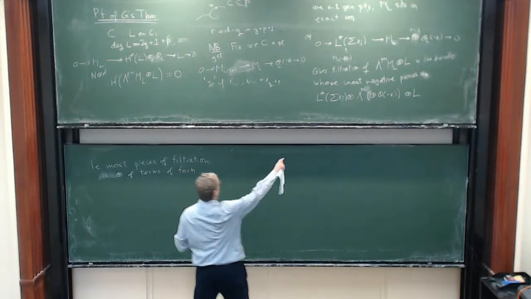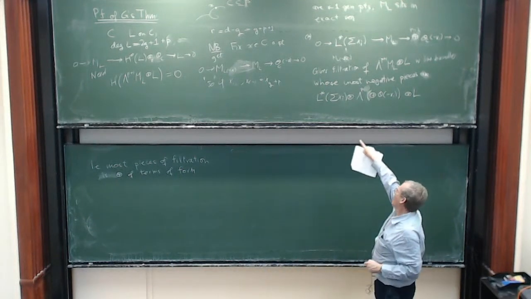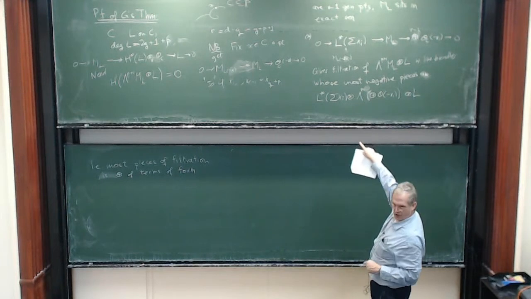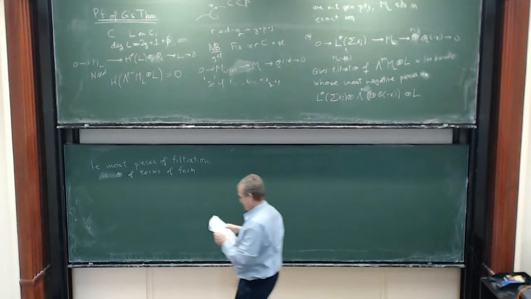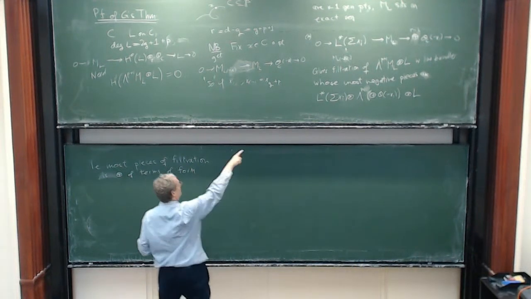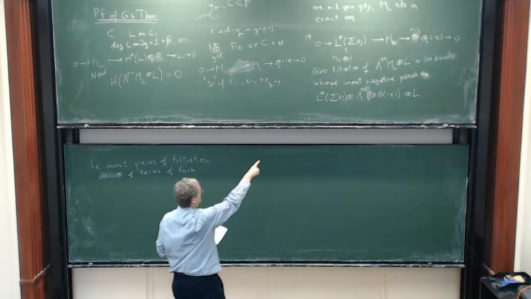Okay, so first of all, when I twist by L, the L is going to cancel against the L inverse. And then I take the sum of all the x's, and I'm subtracting p of them. I have g plus p x's to begin with.